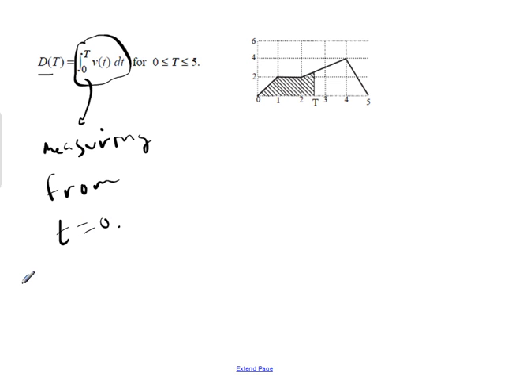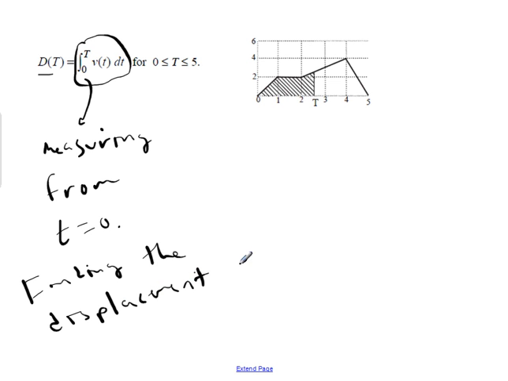So in other words, this is finding the displacement of our walker or whatever's moving. It's finding the displacement from t equals 0 to t equals some unknown time.